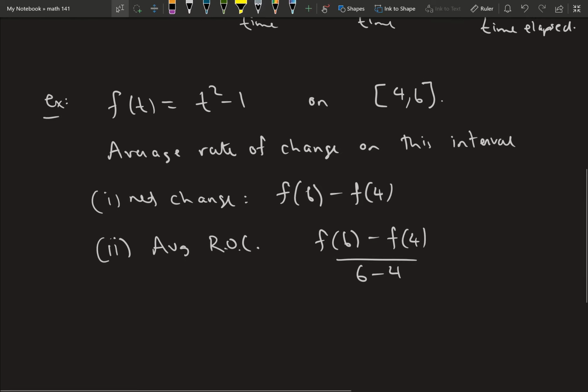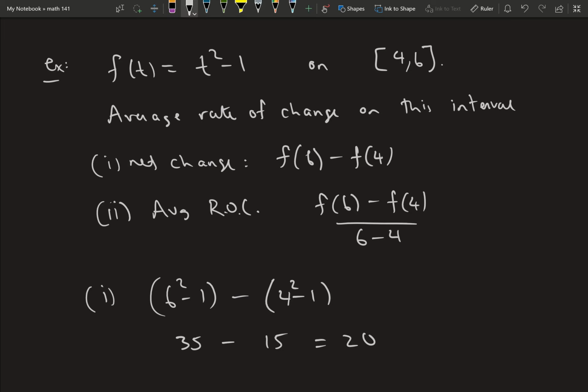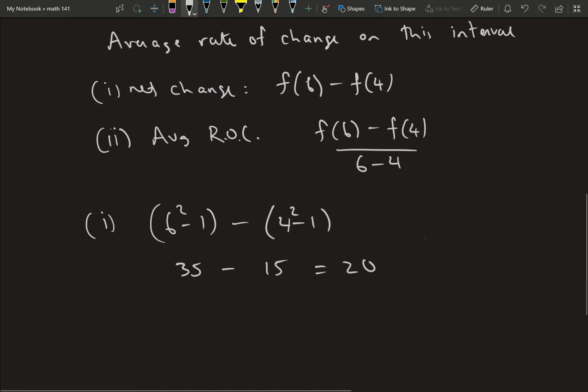So let's actually compute all of these. Let's first do the net change. f of 6 minus f of 4 is 6 squared minus 1 minus 4 squared minus 1. So we have 36 minus 1, 35, minus 15, that's 20. So that's our net change.